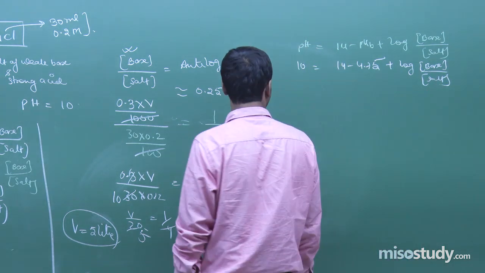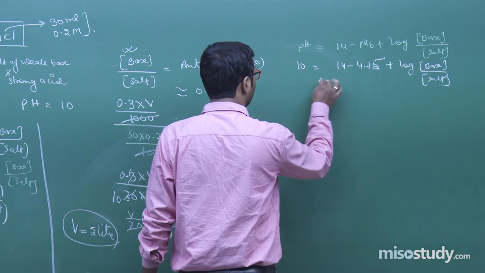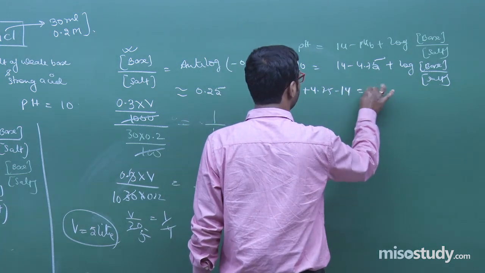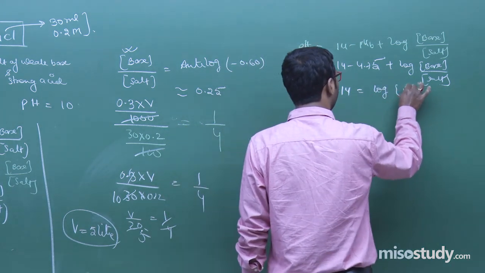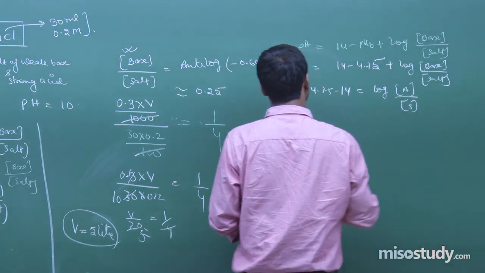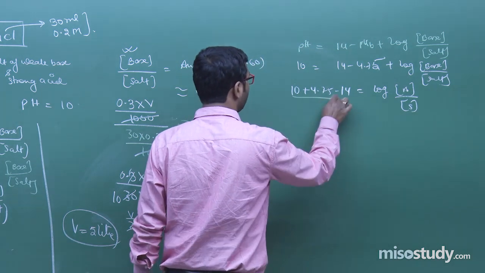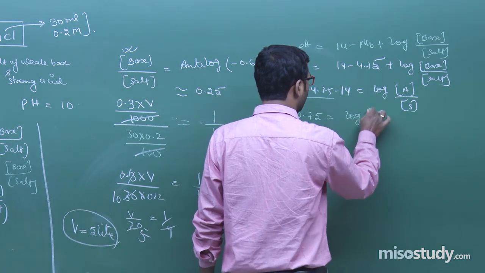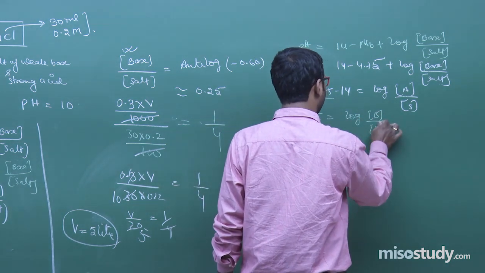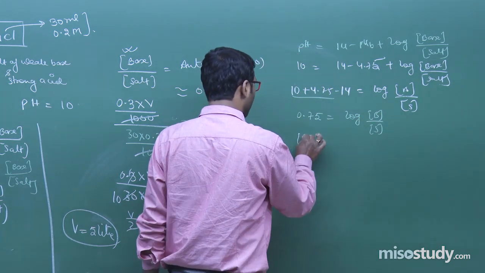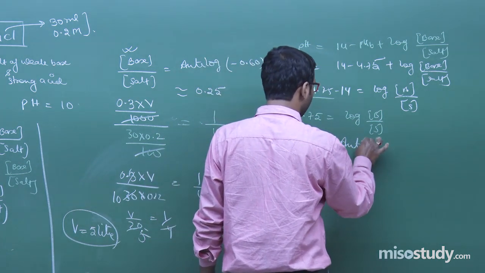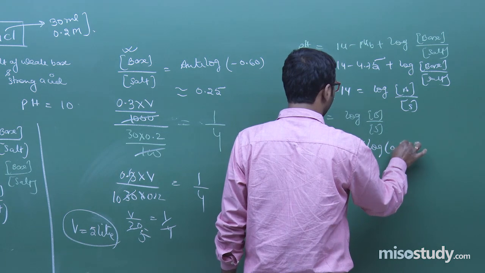So 10 plus 4.75 minus 14 is equal to log B upon S, base upon salt. So 14.75 minus 14, that is 0.75, is equal to log B upon S. So take the value B upon S is equal to anti-log 0.75.